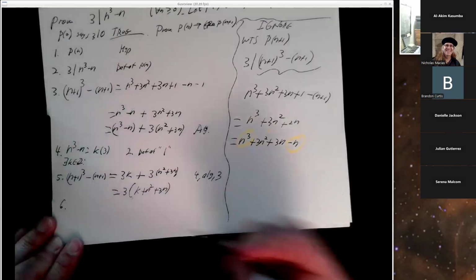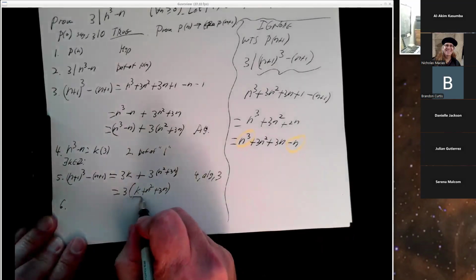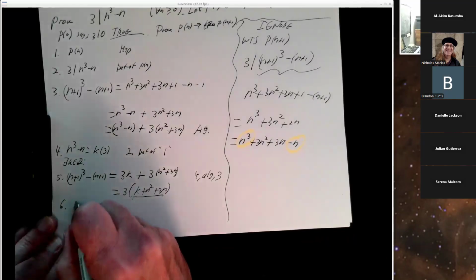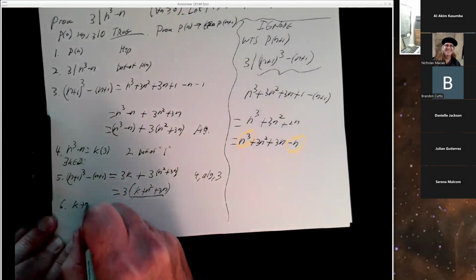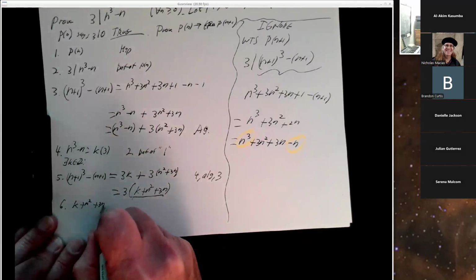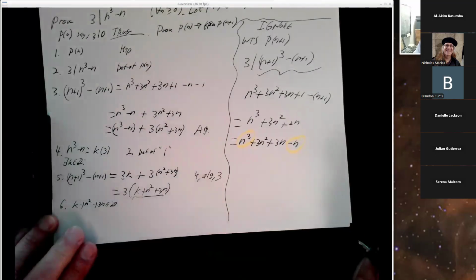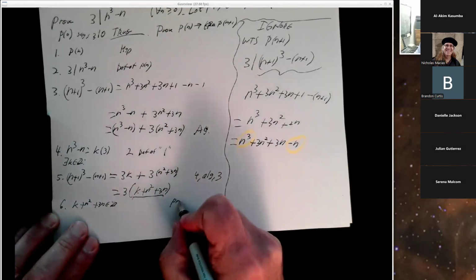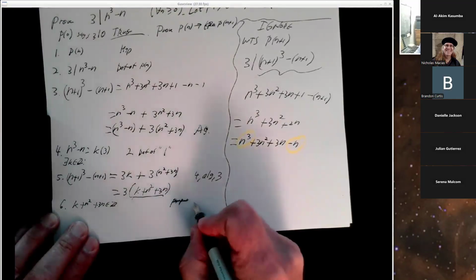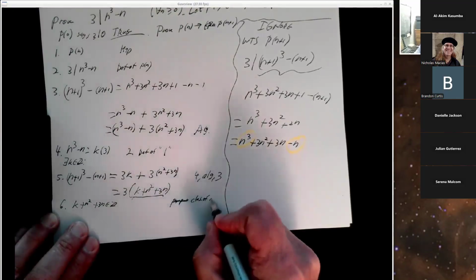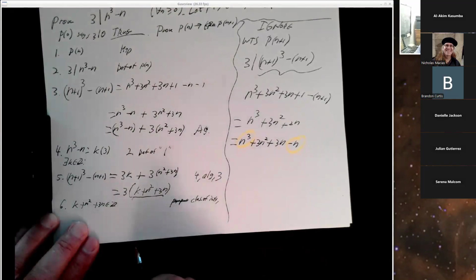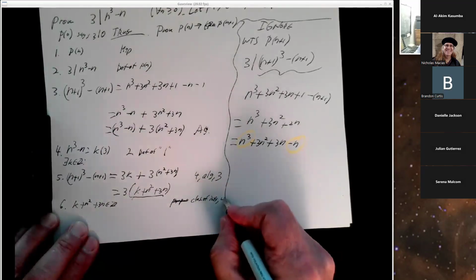And then just to be precise, we want to note that this thing is an integer. So k plus n squared plus n is an integer. And that's properties of integers, or closure of integers, and the fact that k is an integer.